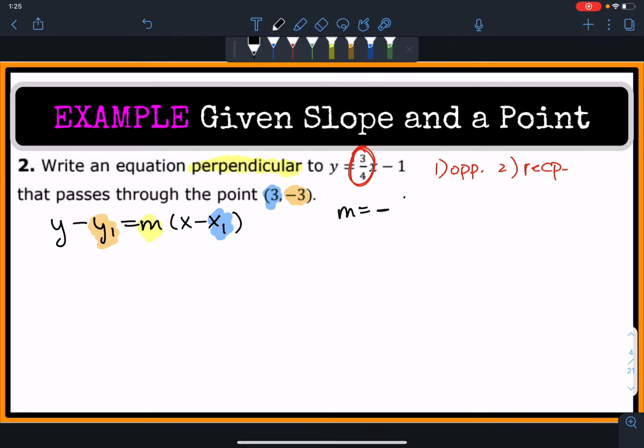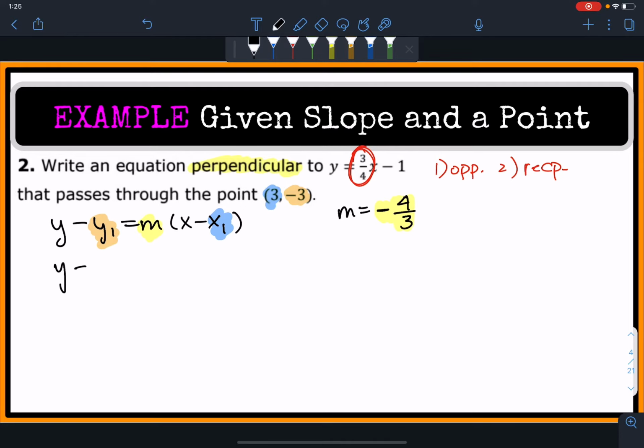So flipping that number puts the 4 on the top and 3 on the bottom. So using this number as a slope will give me a line that will be perpendicular to this line right there. So now that I have everything to plug in, I start plugging in.